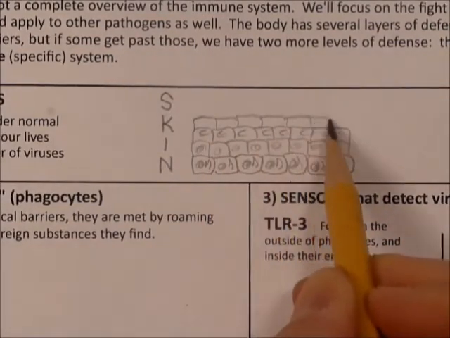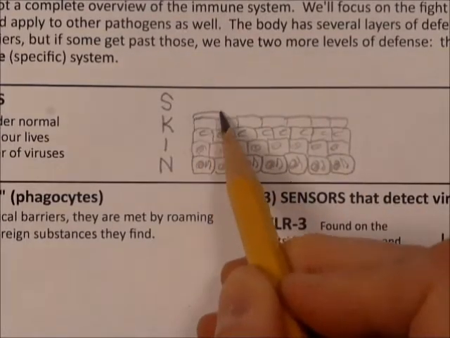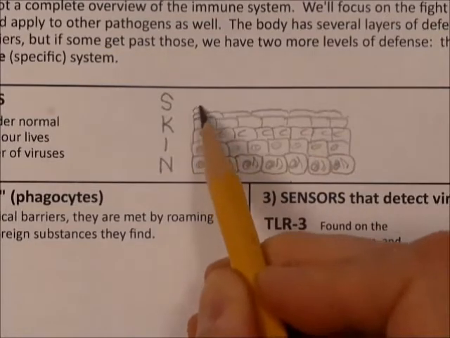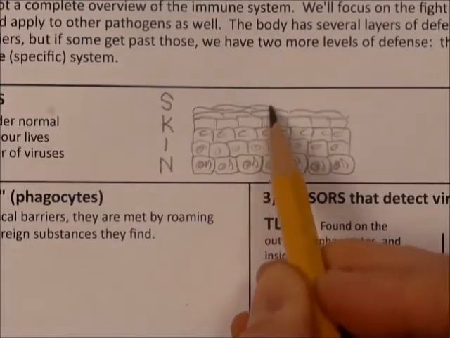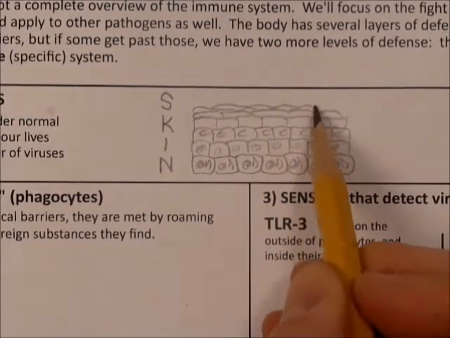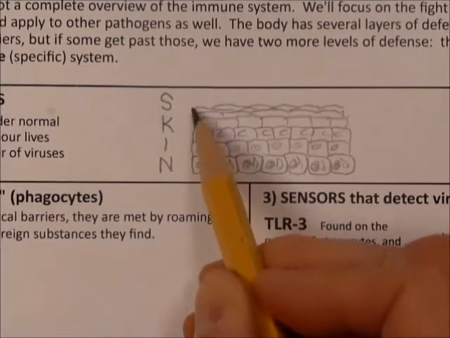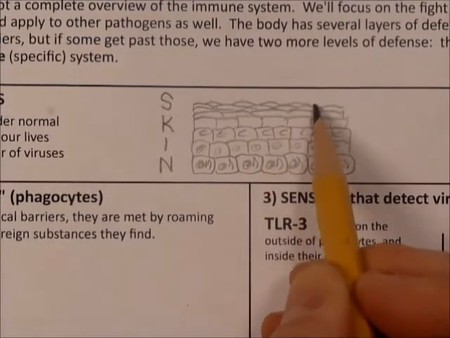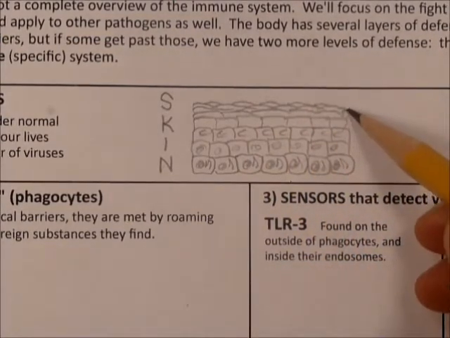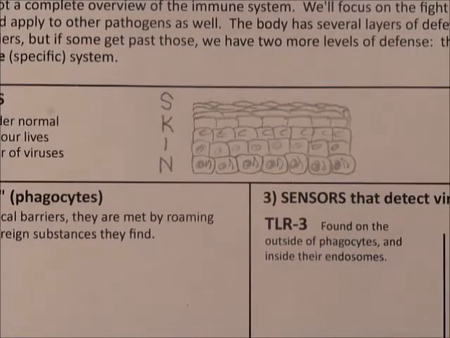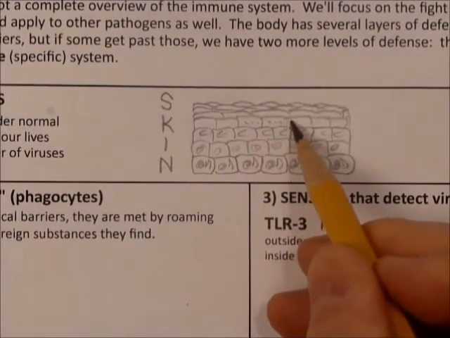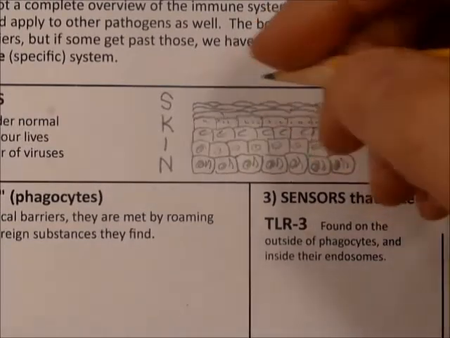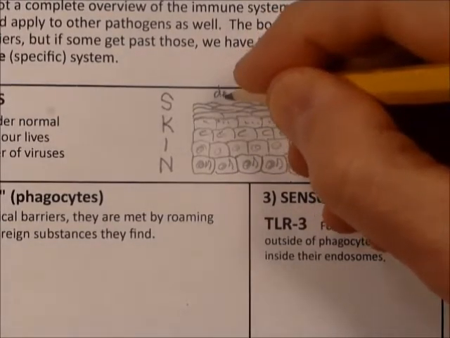Even thinner. So this top layer is the stuff that's sloughing off all the time. Every time something touches it, a few of these little flakes come off. I'm just going to write here, dead cells on top.